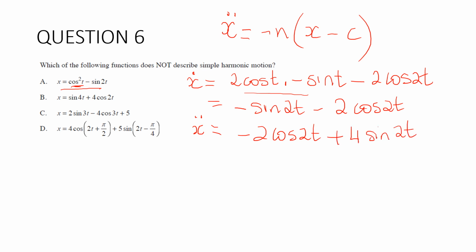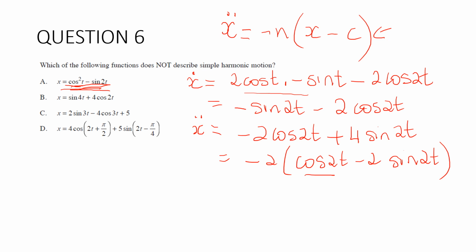So the question is, can I write it in this form? So I'm going to bring out -2. That's equal to cos 2t take away 2 sine 2t. Have a look what we got here. Oh, we've got a squared. Okay, I'm going to rewrite that then as cos squared. So it's equal to -2. This is 2 cos squared t take away 1, take away 2 sine 2t.